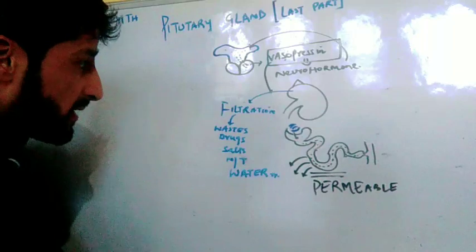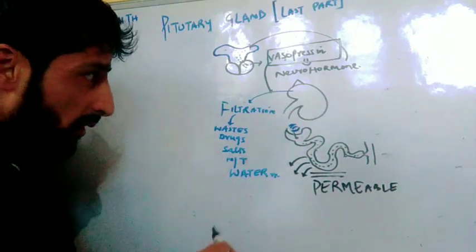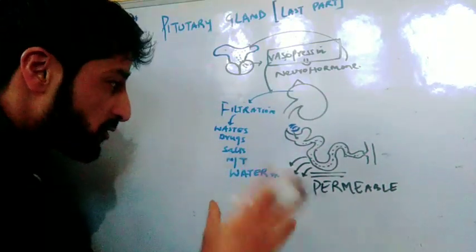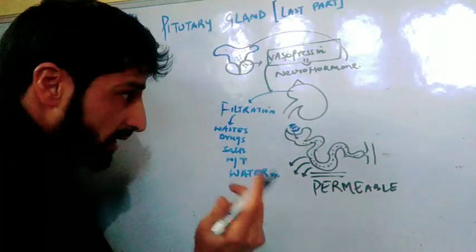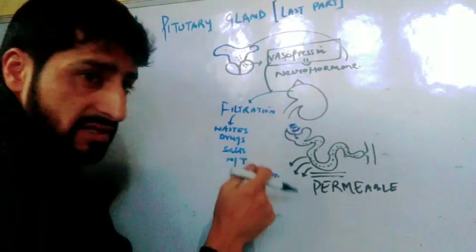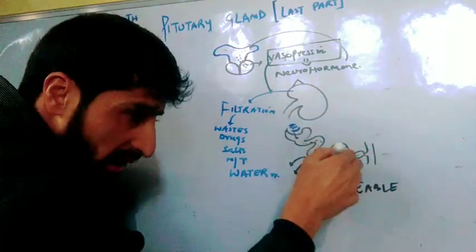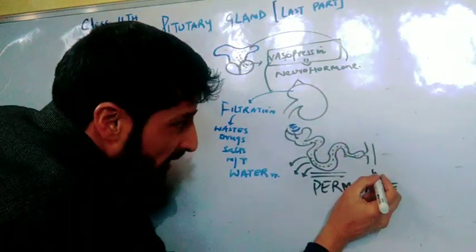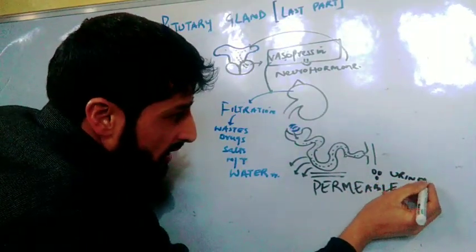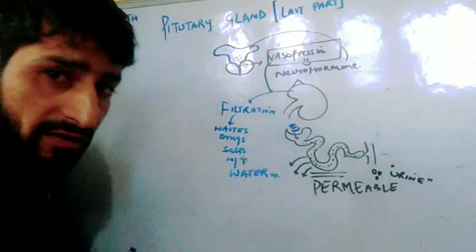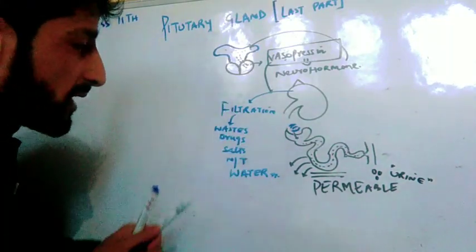What actually happens is that our body should conserve water. For conservation of water, our kidneys should not cause leakage of water along with urine. Our kidneys should not cause leakage of excessive water along with urine.